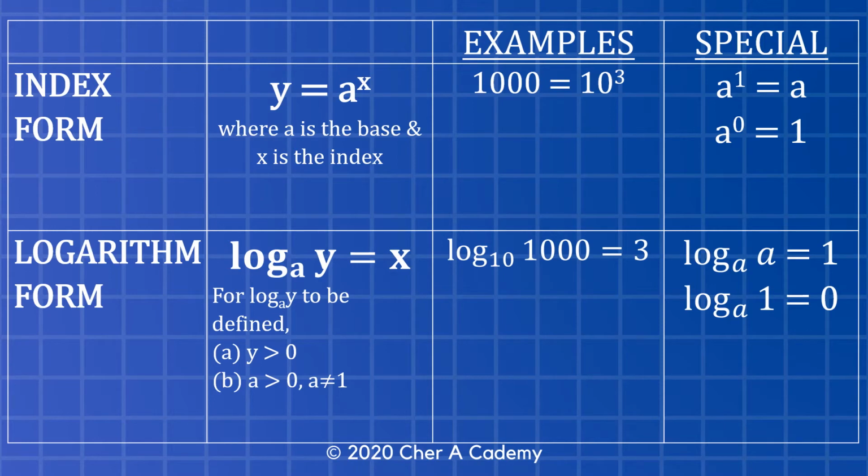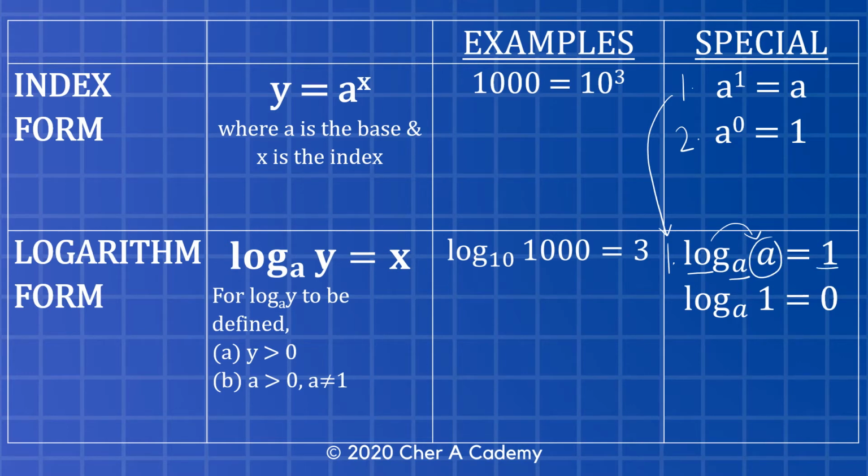So let's look at some special log forms. Earlier on we saw two special index forms, number 1 here and number 2 here. If I convert number 1 to log form, it will look like this. Log base a, and I'm logging the a, the same number, equals 1.